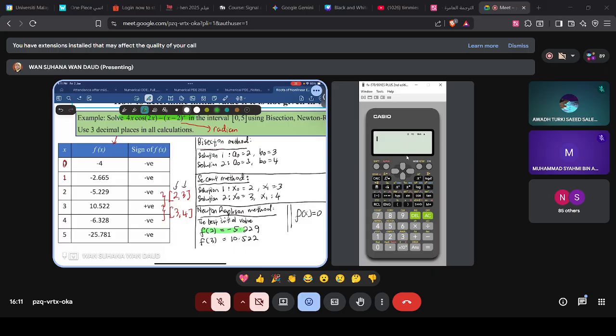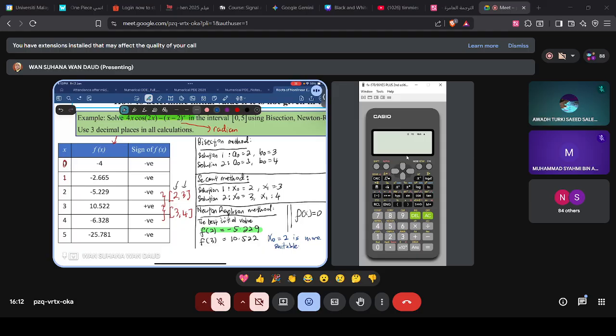Of course this one. So in this case, for solution number 1, x0 equal to 2 is more suitable because it will provide the solution faster than if you choose the initial value equal to 3.